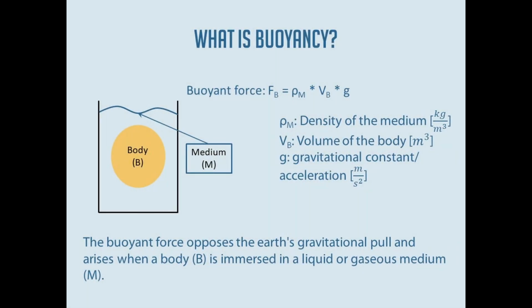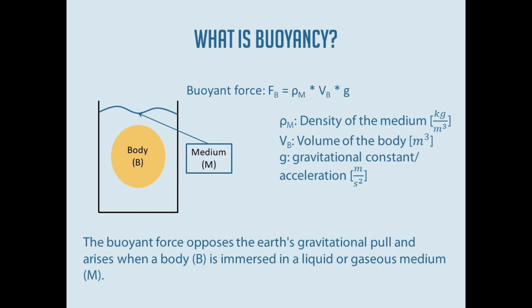When we talk about buoyancy, we also mean the so-called buoyant force. As a formula, this is represented by the expression ρ times V times G. Rho is the density of the medium we are in, for example, how much a cubic meter of this substance weighs. In the example of the balloon, this would be water.